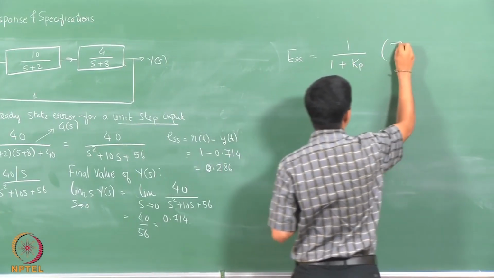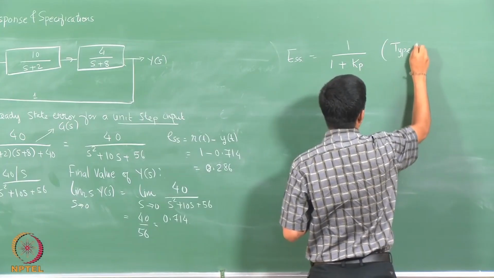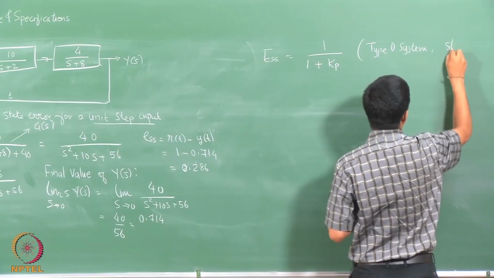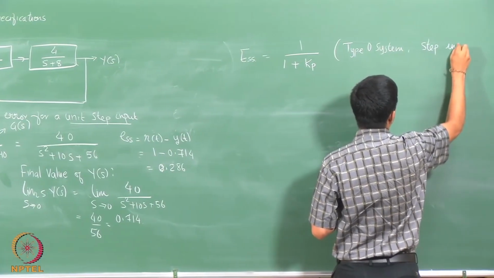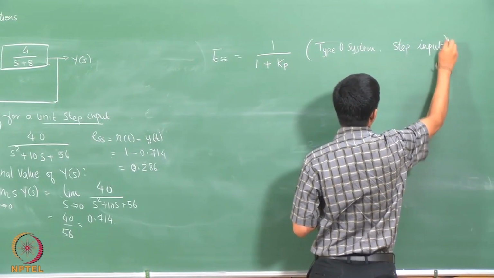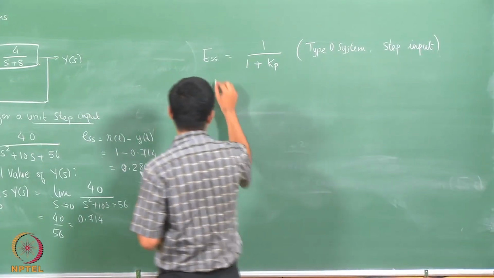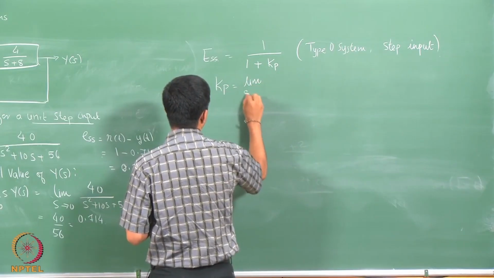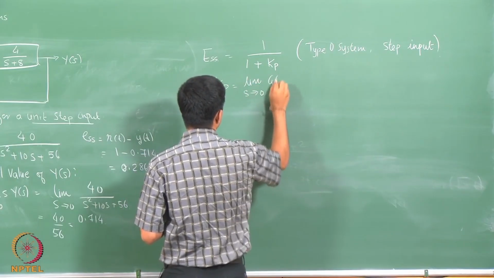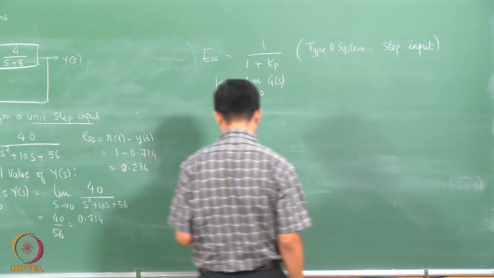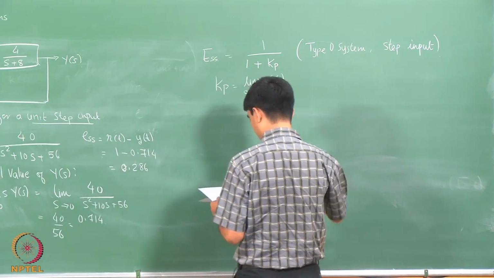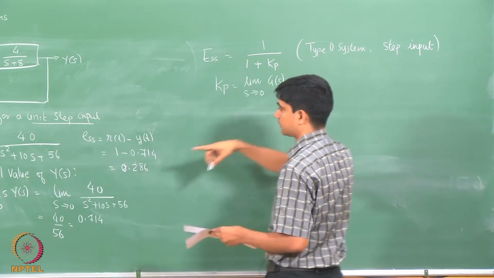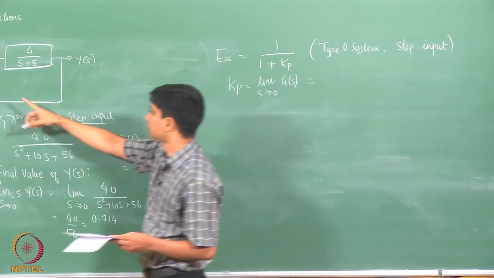This was for a type 0 system with a step input. Okay. And then Kp was limit s going to 0 g of s, right. So, what is g of s? So, g of s is this one, right.